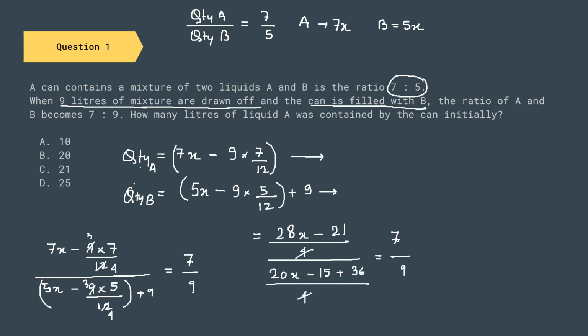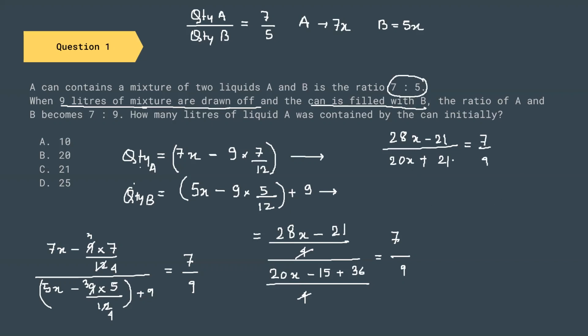This 4 and this 4 will be cancelled out. So the final equation will become 28x minus 21 divided by 20x plus 21 equal to 7/9. So we can just solve this equation.